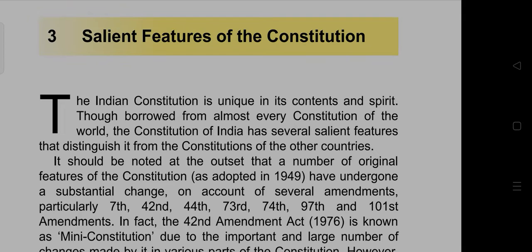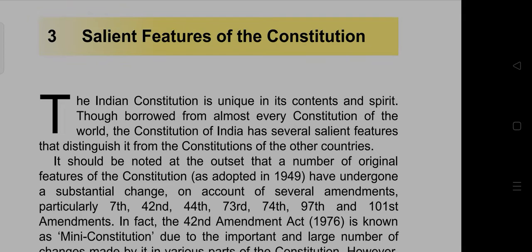It should be noted at the outset that a number of original features of the Constitution as adopted in 1949 have undergone substantial changes on account of several amendments, particularly the 7th, 42nd, 44th, 73rd, 74th, 97th and 101st Amendments.